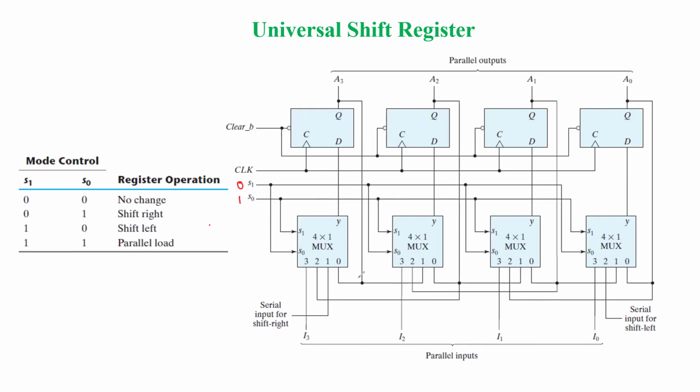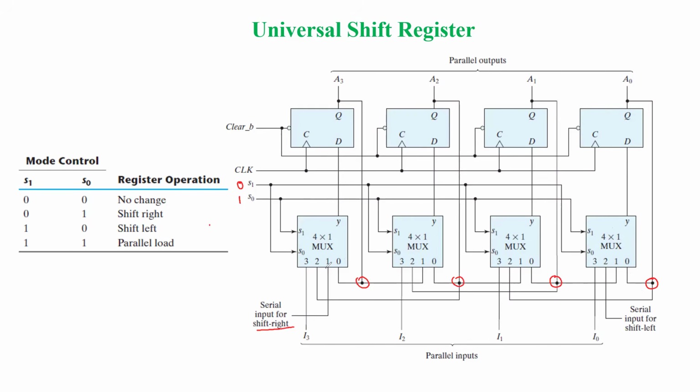Everywhere a similar connection is there. Now when we perform the shift right, the data input takes place serially, and that is given to port 1 of the multiplexer.